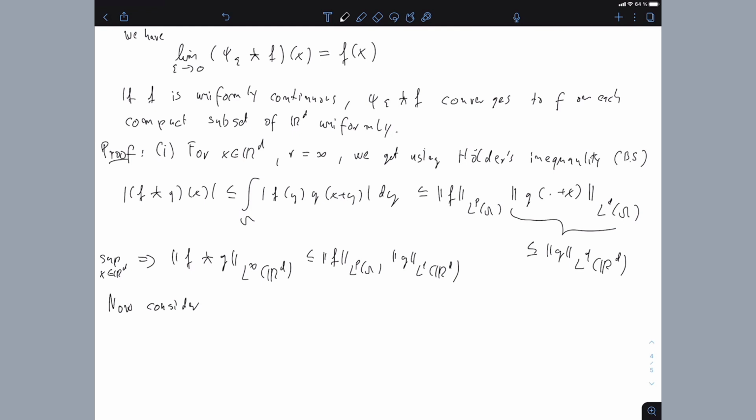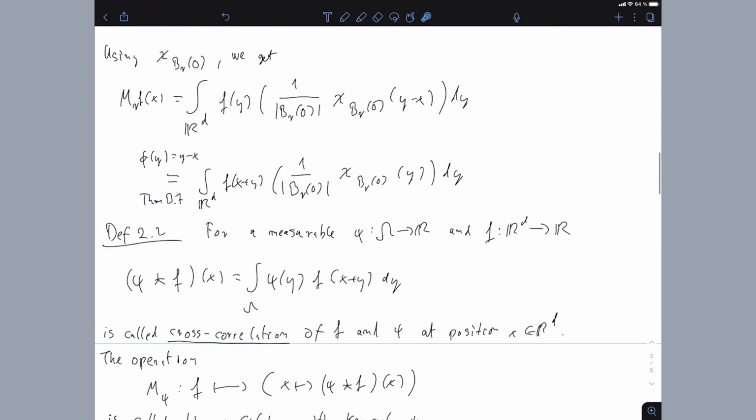Now we consider that R is equal to P, which implies that Q is 1. Why is that the case? For this, we have to look back.